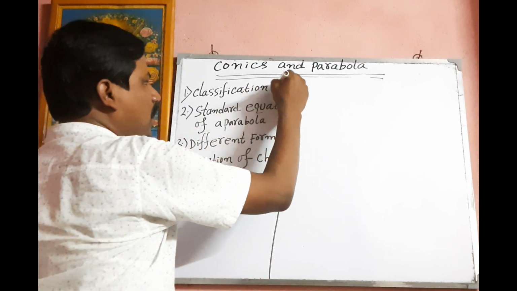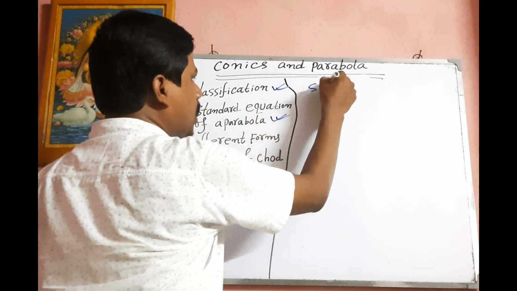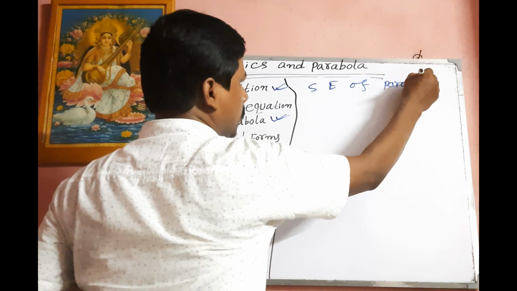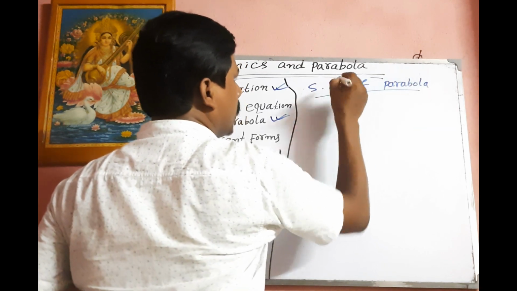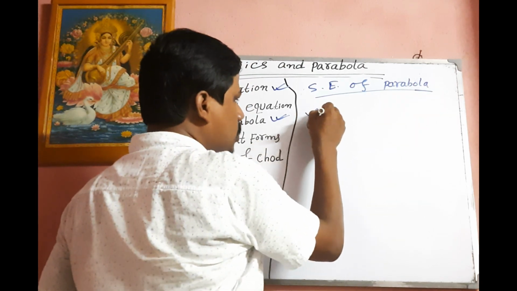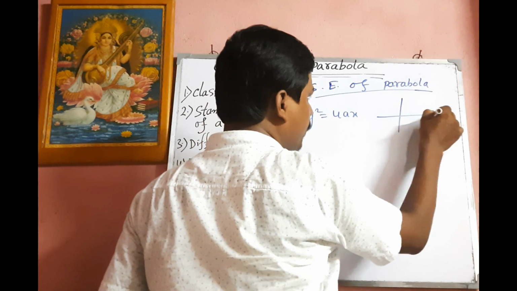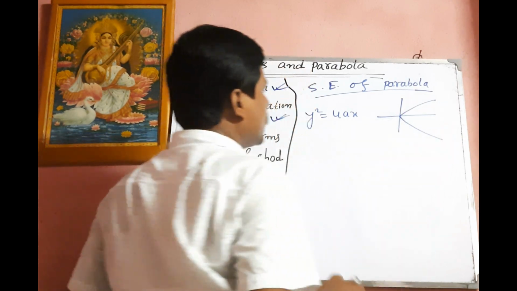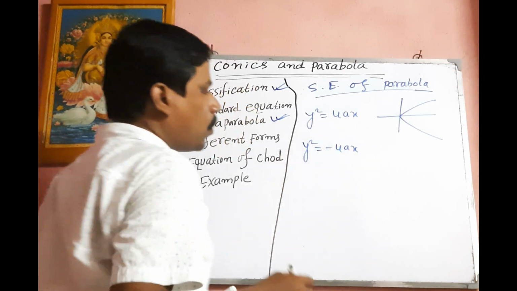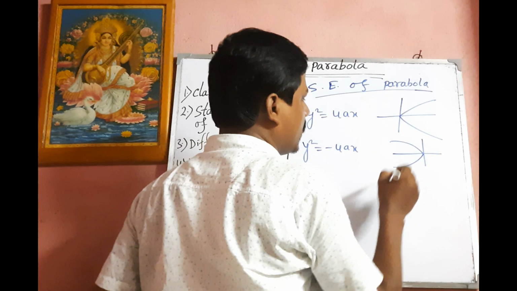In this section, y square is equal to 4ax is one type, and y square is equal to minus 4ax is another type.